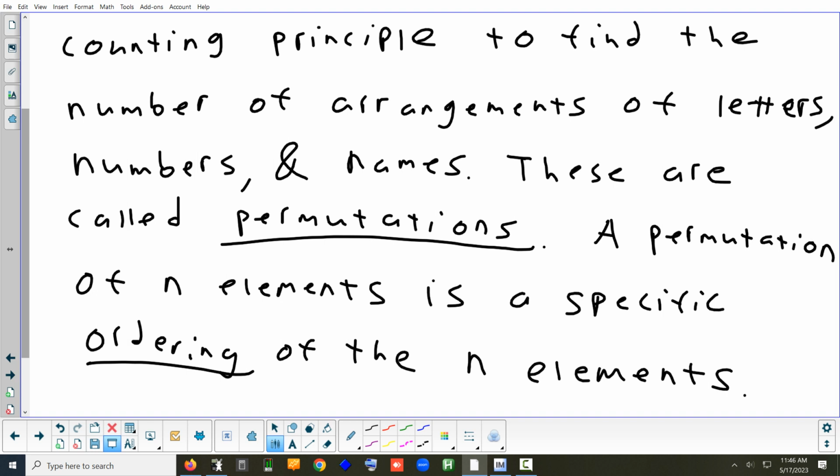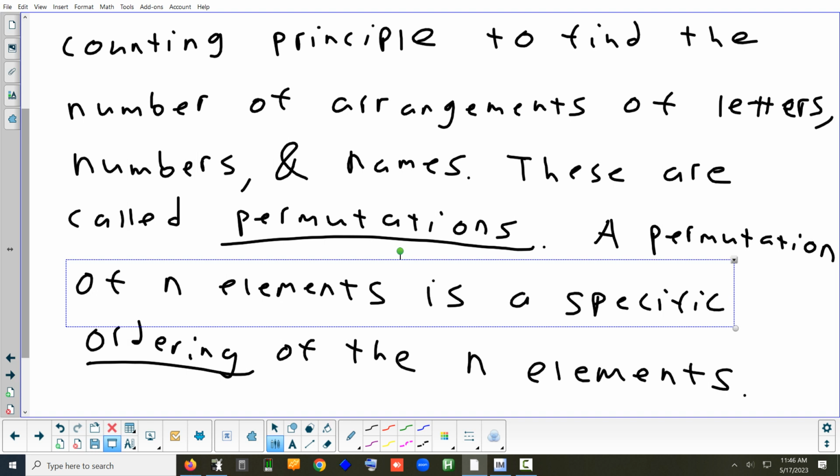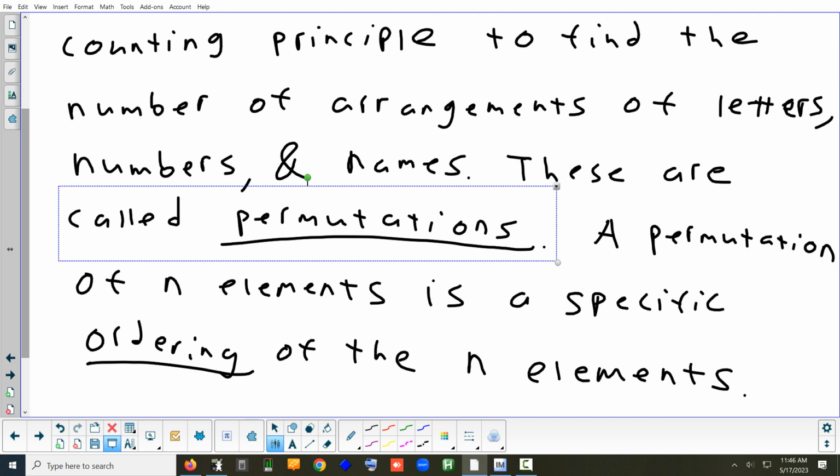How many elements? Well, depends. If it's 8 runners in a race, it's 8 elements. If it's letters on a license plate, if it was all letters, it would be ordering 26 elements. Any question on what a permutation is?